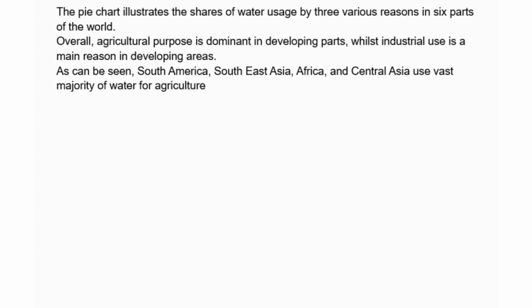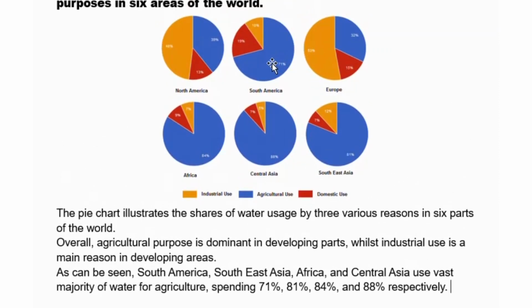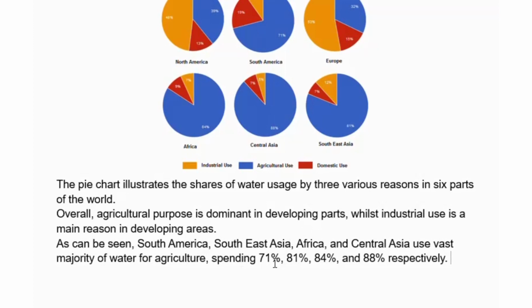I'm trying to change the form of the words here. Agriculture accounts for 71%, 81%, 84%, and 88% respectively. The reason I have written it this way is that I chose South America first, and then this order, because I want to show it from the lowest to the highest. So that's all about it.